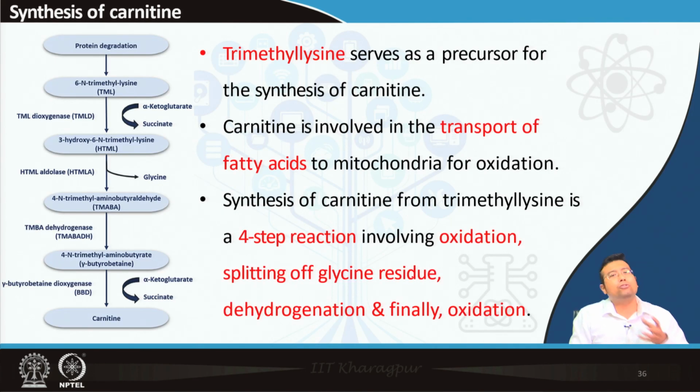So, why do we need to know about methyl lysine? Because methyl lysine is actually a precursor for carnitine synthesis, right. So, these are the steps by which carnitine is synthesized, okay.